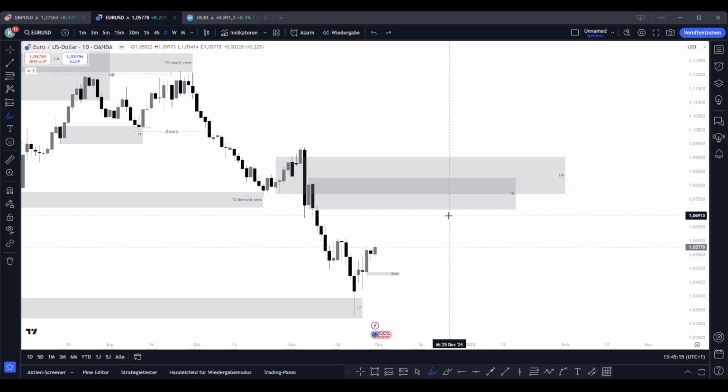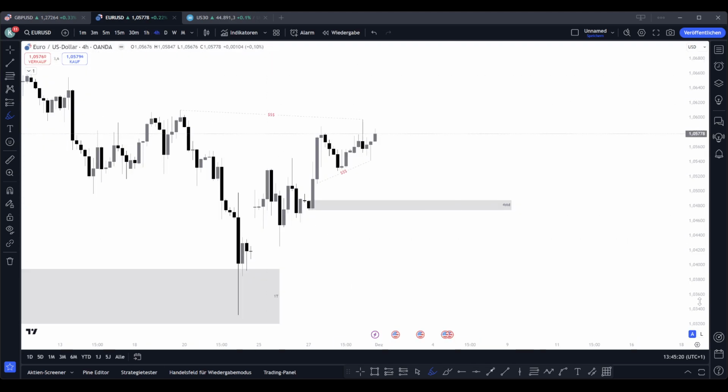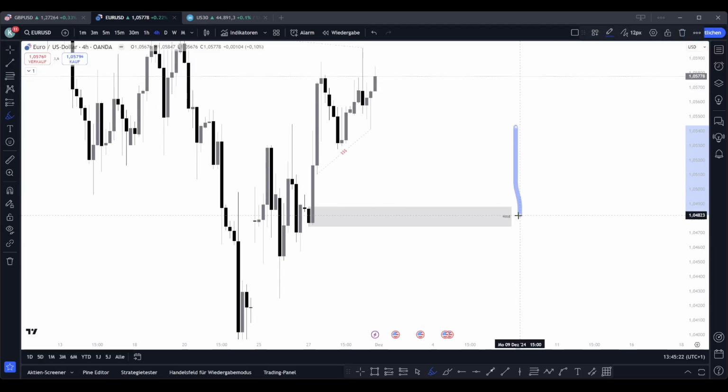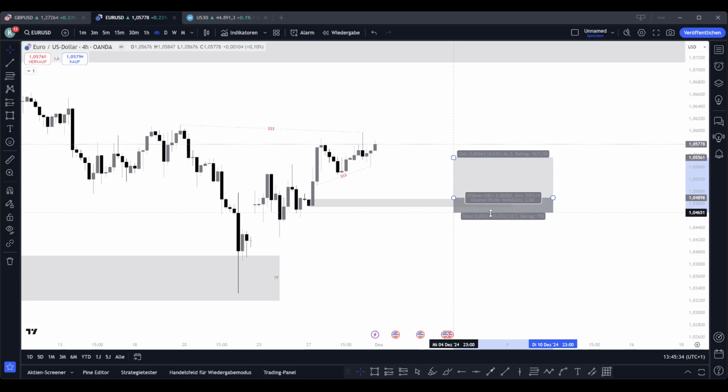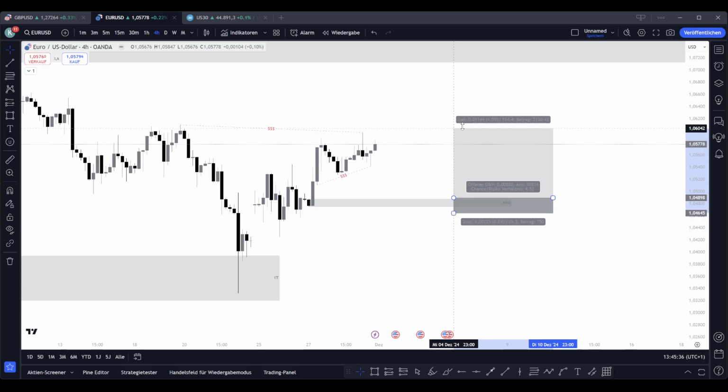And since my bias for the week is buy, I have to scale down to the 4-hour time frame to spot buying opportunities. The simplest buying opportunity which I'm able to see here on EURUSD is for price to come down here within this zone and give us the opportunity to take a buy.